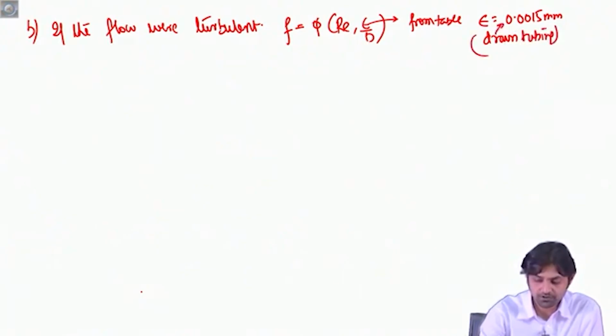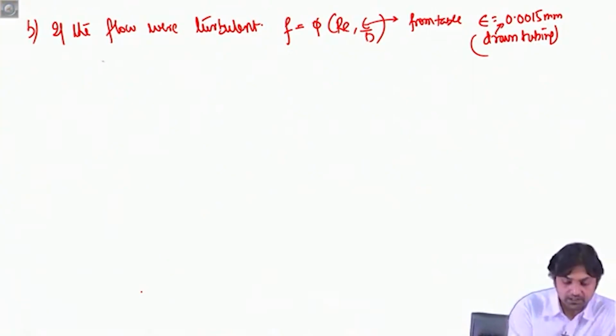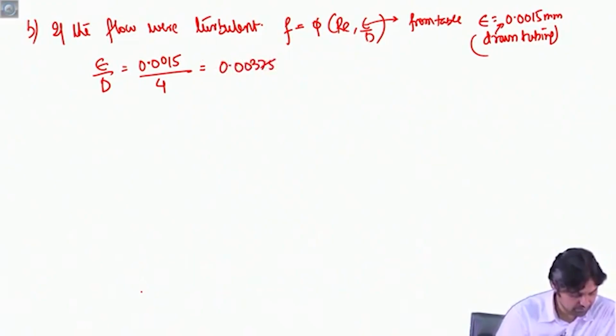All right. So, epsilon is 0.0015 for drawn tubing. Okay. So, we calculate epsilon by D, which is 0.0015 by diameter, 4 millimeters. So, we get 0.00375.